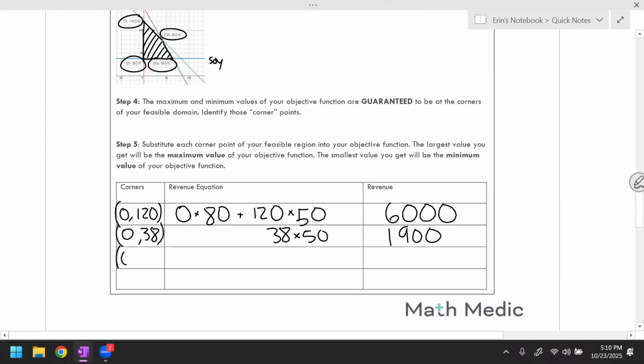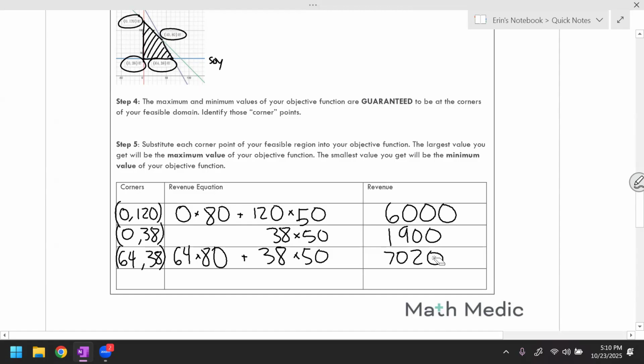What if I still do 38 corn, but then I fill up the rest of the field with soy? 64, 38. So 64 times 80, this is my revenue, plus 38 times 50. This gives me $7,020.